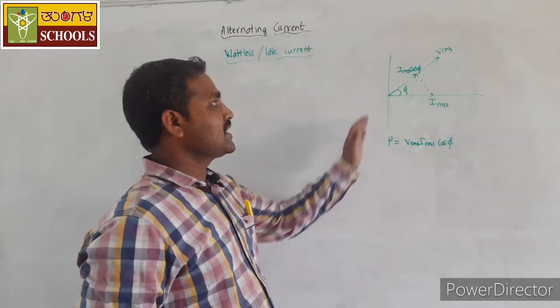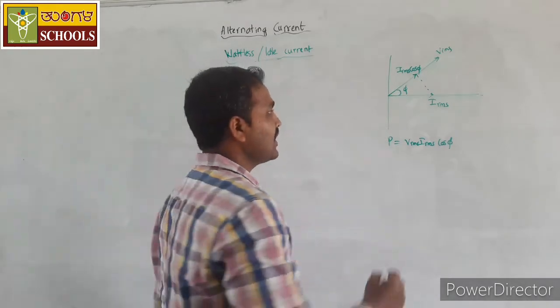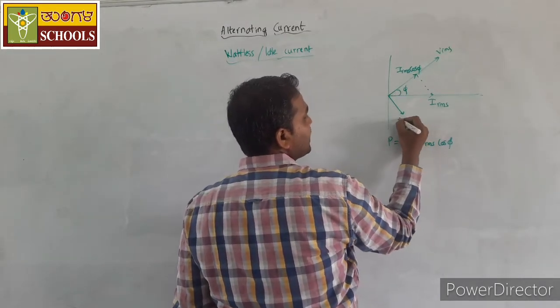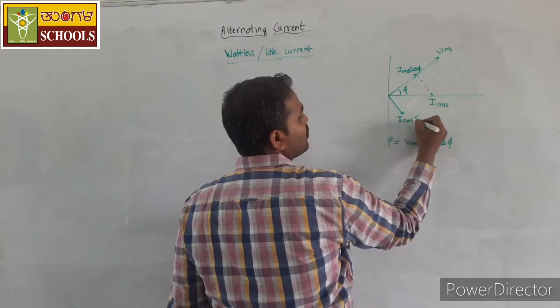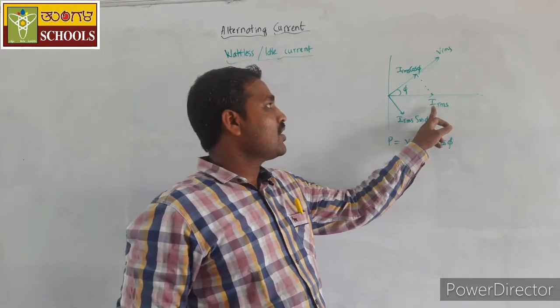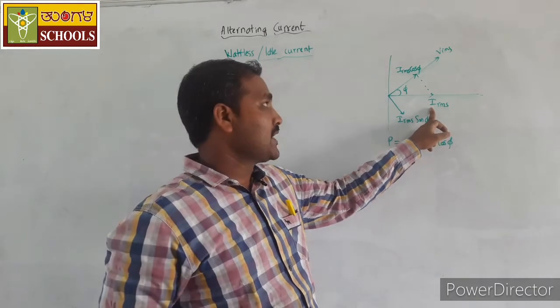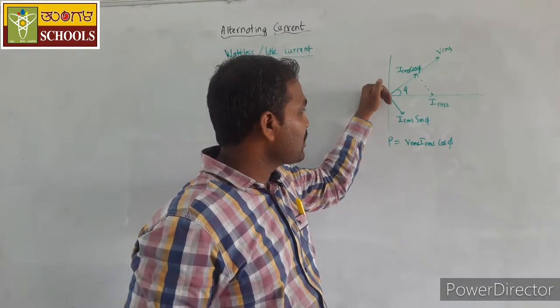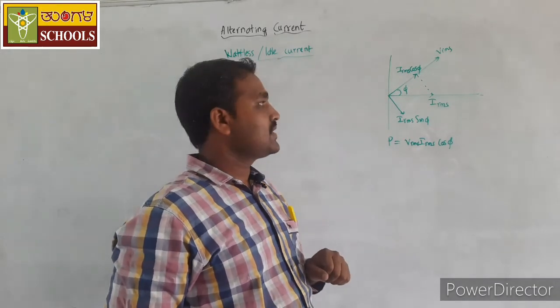The perpendicular component, that is the opposite component, will be IRMS into sin phi. The RMS value of current can be resolved into two components: one along the direction of VRMS, another in the perpendicular direction of VRMS.